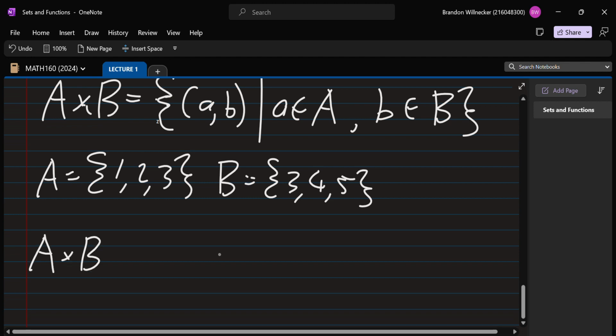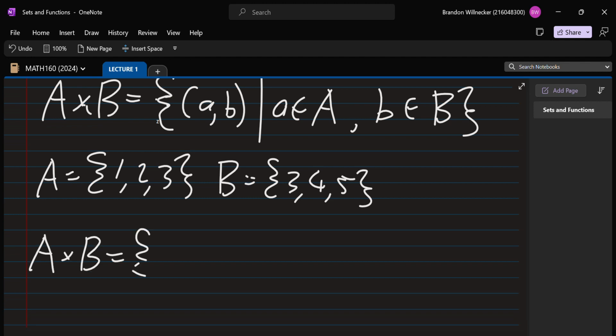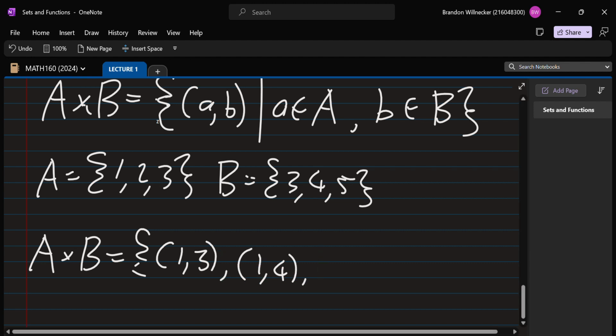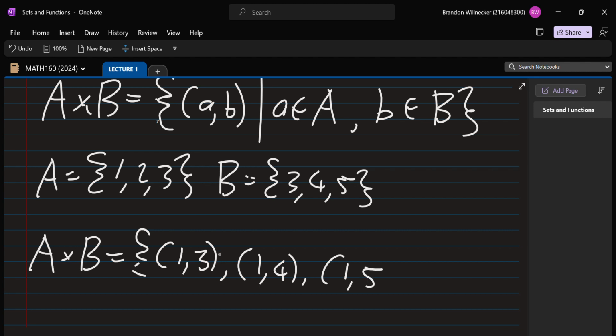So A cross B is a set of all of the ordered pairs. The way it works is you can imagine this as a table, where A goes down one side, B goes along the horizontal, and you just match them up. Let's take 1 from A, and then 3, 4, 5 for all of B. So we take (1, 3), (1, 4), (1, 5).